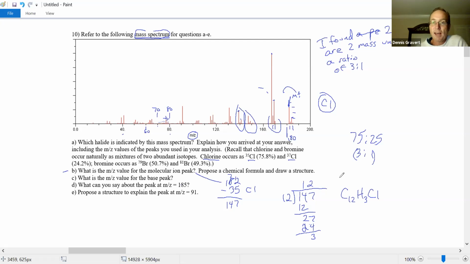We should check the math. 12 times 12, every carbon weighs 12, plus 3, plus 35, that's 38. And this is 144. Add them together, that's a 2, carry 1, that's 8. Good, that's 182. Excellent. So I just want to make sure I didn't make any silly math errors. My parent peak is 182. I scribbled all over it doing the math earlier.